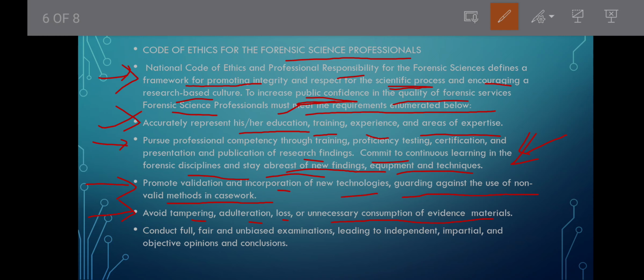This is very important: if you tamper with the evidence, there is no use in further investigation. There should be no adulteration, loss or unnecessary consumption. We collect evidence in very small quantities; if we require only 2 to 3 grams for a particular test, that should be kept in mind.